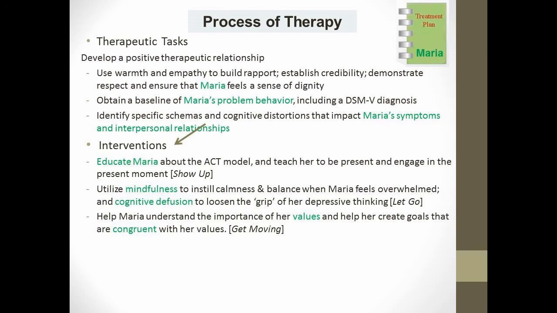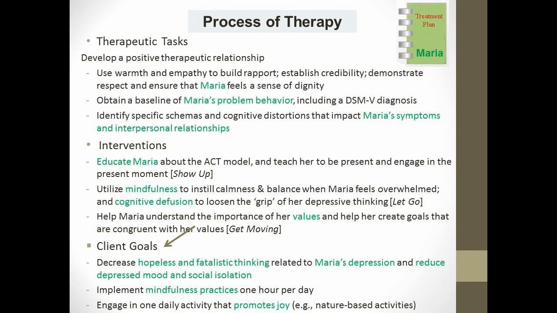The interventions with Maria as the client will unfold in much the same way as we've discussed, starting with educating her to show up and learn to engage in the present moment, utilizing mindfulness and cognitive diffusion to let go of her depressive thinking, and helping her understand the importance of her values so she can create goals that are congruent with her values and get moving towards better functioning and emotional healing.